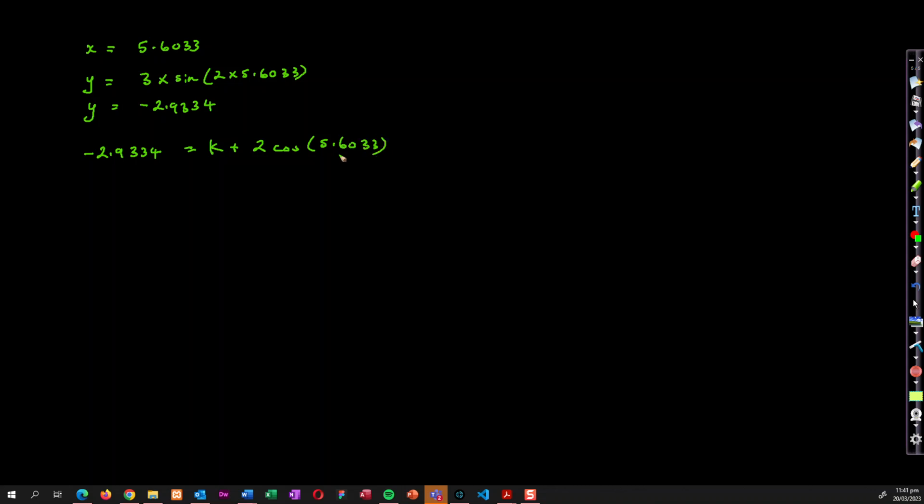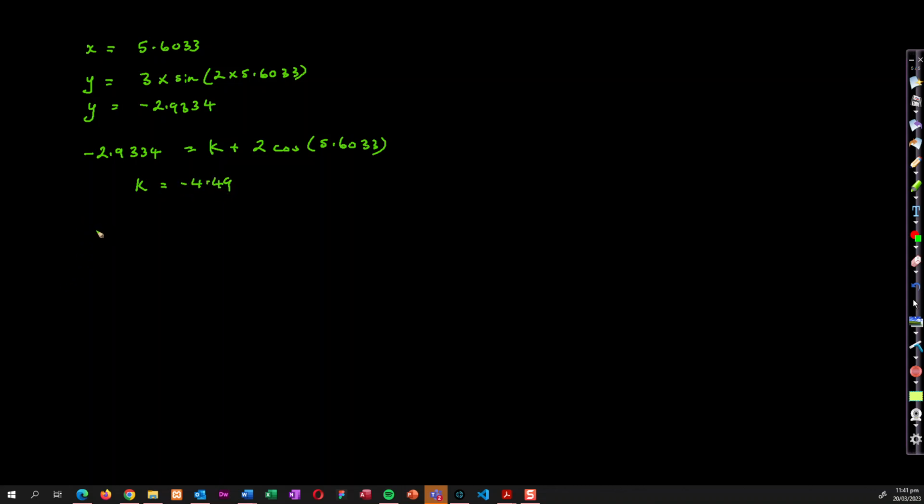So let's get 2 times the cosine of 5.6033, and take that to the other side: negative 2.9334 minus that previous answer. We've got a k value equal to negative 4.49.